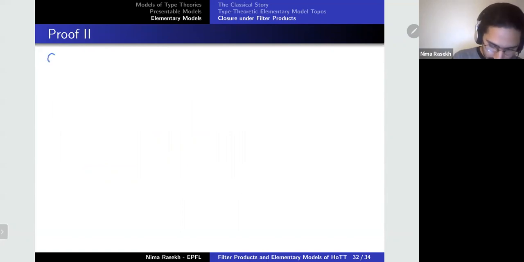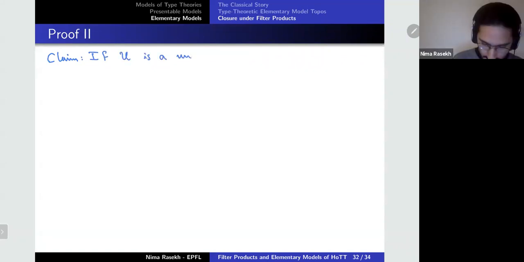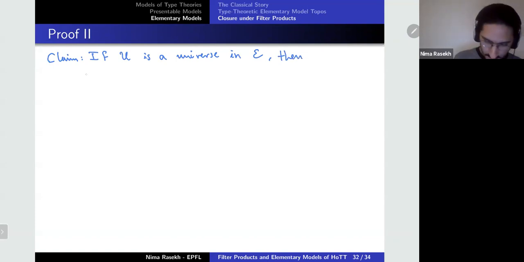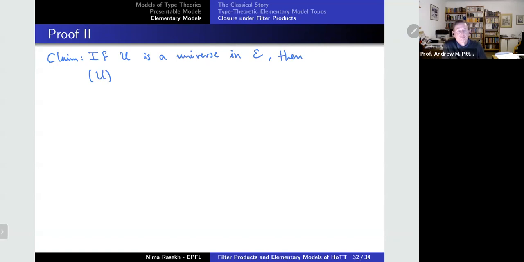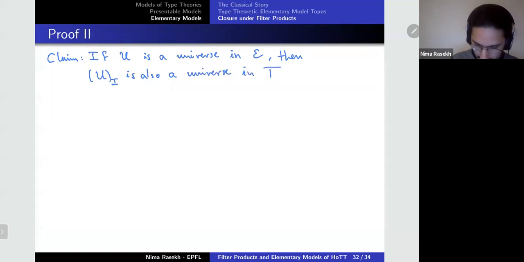The claim is: if U is a universe in E, then just the constant U indexed by I is also a universe, but now inside the filter product. If I can prove that, then I'm good, right? This covers everything.